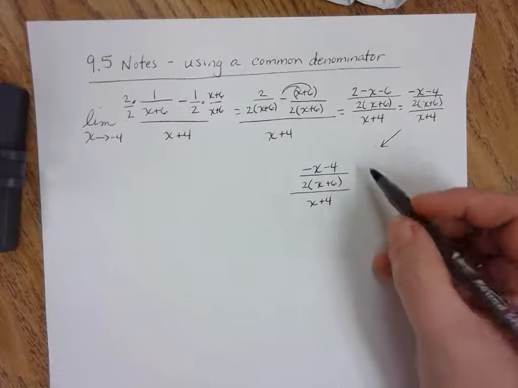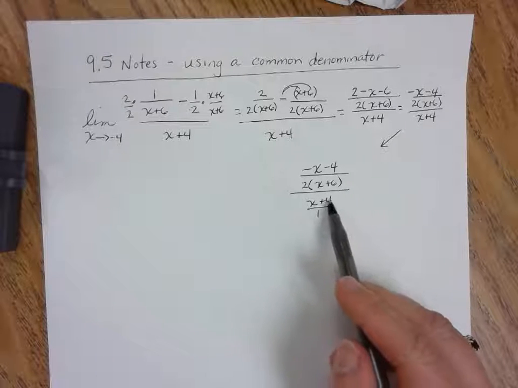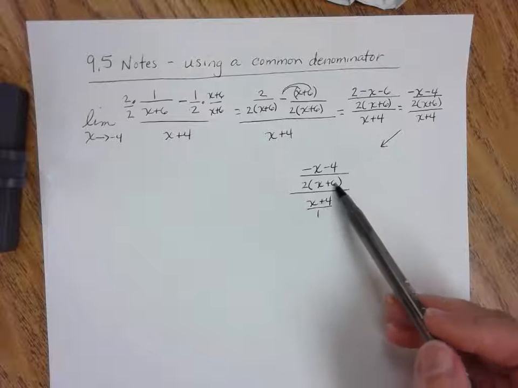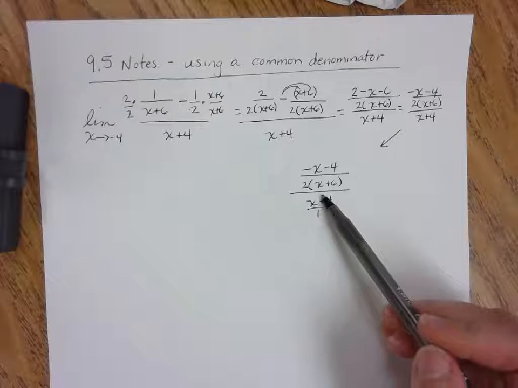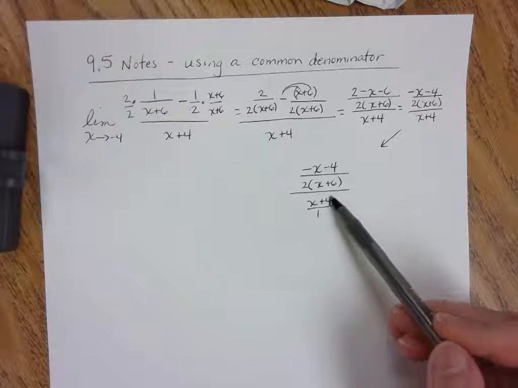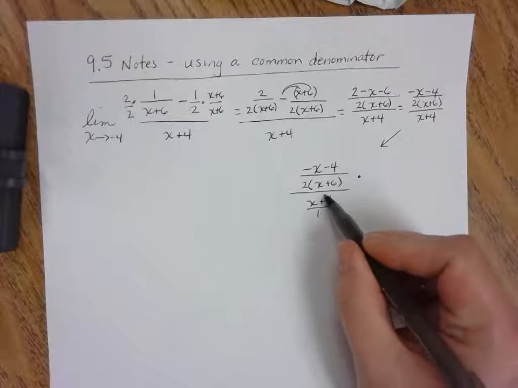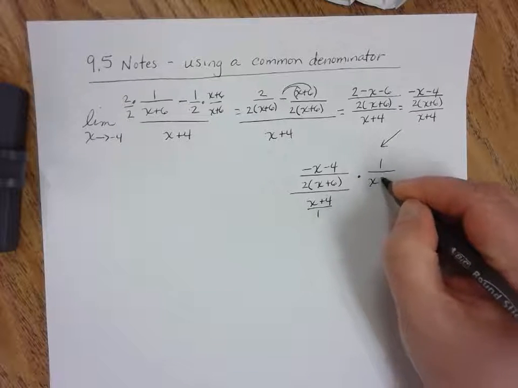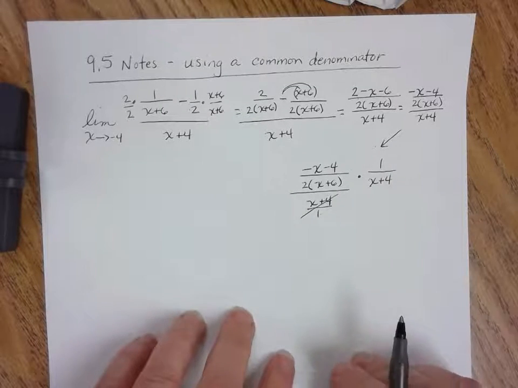That's a good thing. So I can change this denominator to x plus 4 over 1. Let's go back to probably middle school, hopefully. You learned the rule that if you divide by a fraction, you can multiply by its reciprocal. So I'm going to take this fraction and multiply by its reciprocal, which becomes 1 over x plus 4. Now that's a goner.